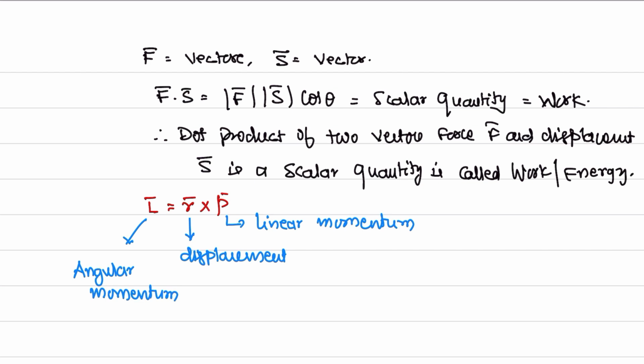L is equal to R cross P is one of them; you cannot change the order of the vectors in a vector product.